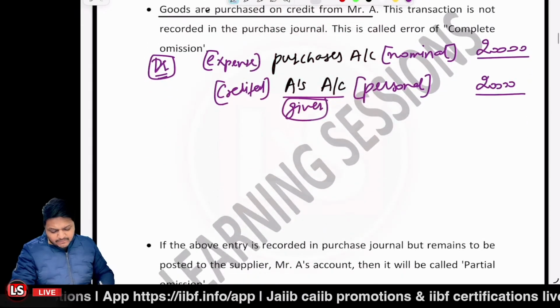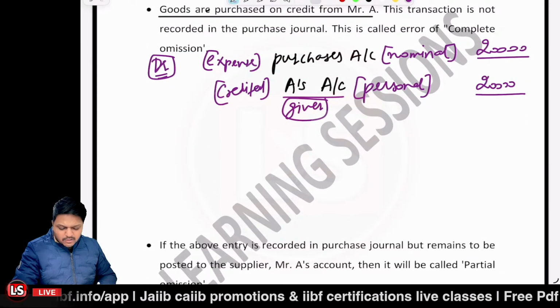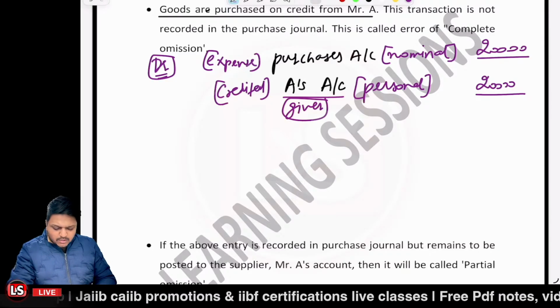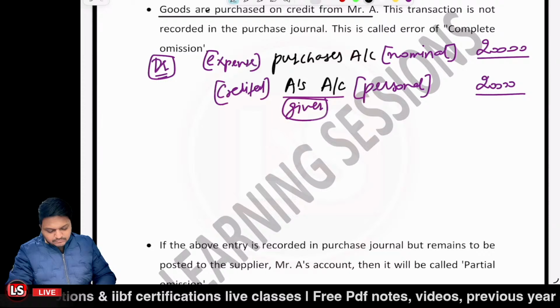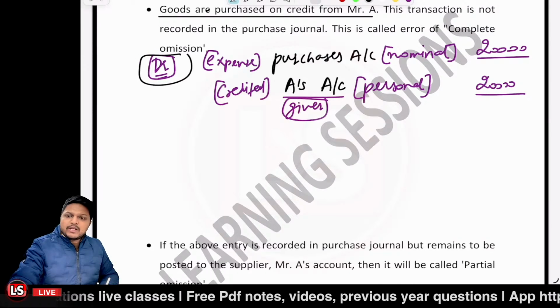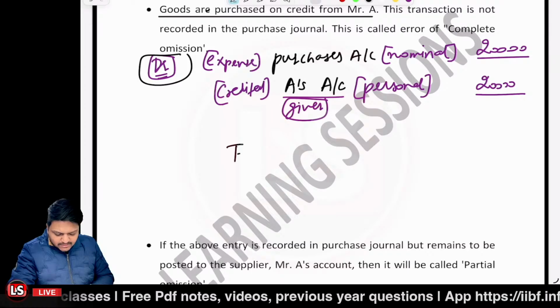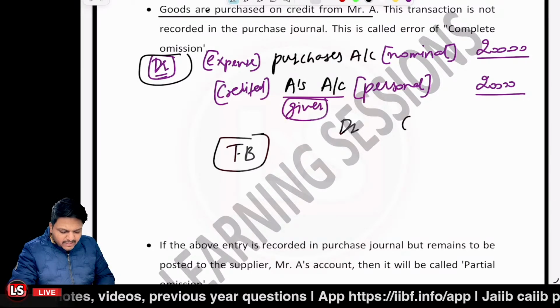But let's say we recorded into A's account, but we forgot to post the entry into the purchases account. We have not recorded the debit. Which side will be more in the trial balance? Debit side or credit side?